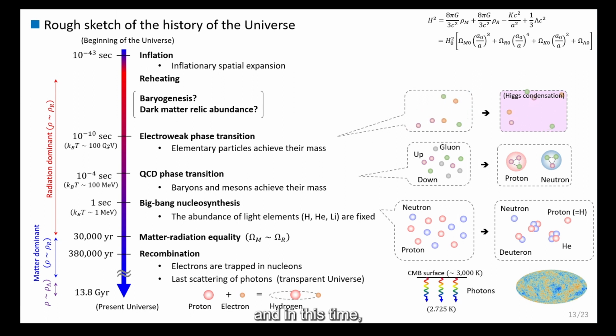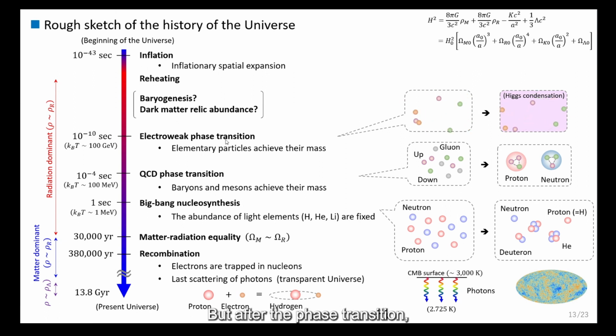at 10 to the minus 10 seconds, the electroweak phase transition takes place. Before this transition, almost all particles are massless, and they behave as massless particles.